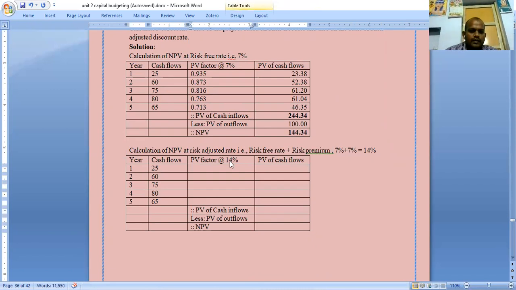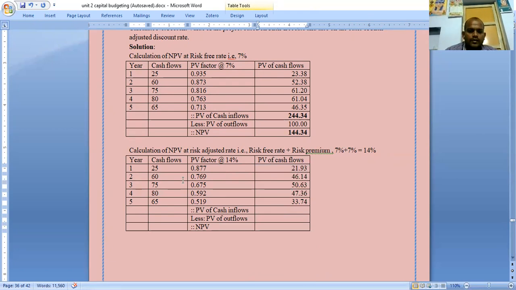So the PV factors at 14% are 0.877, 0.769, 0.675, 0.592 and 0.519. We have to multiply with the cash flows.